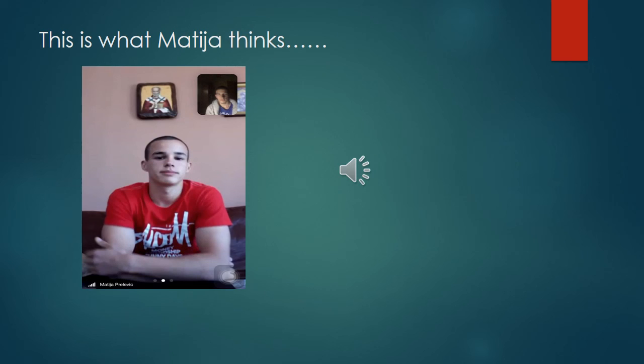Okay, I'm going to talk about the usage of Wi-Fi in 2025. In my opinion, we are going to use Wi-Fi in 2025 a lot more than we use now. If we compare 10 years ago and now, there's such a big difference. It's much easier to use Wi-Fi for finding information, pictures, videos, than sliding pages of a book and trying to find something.